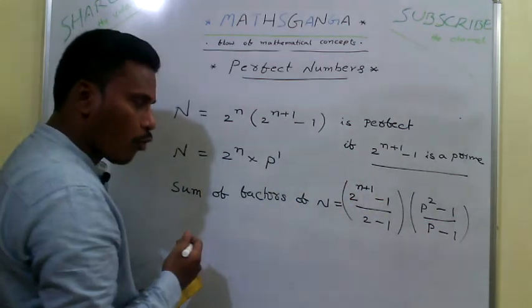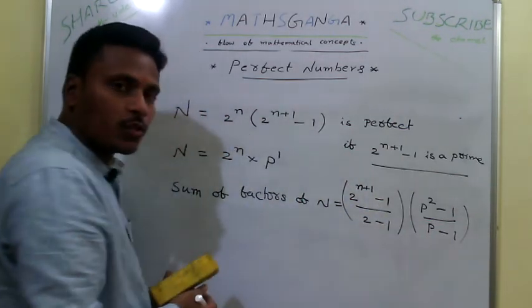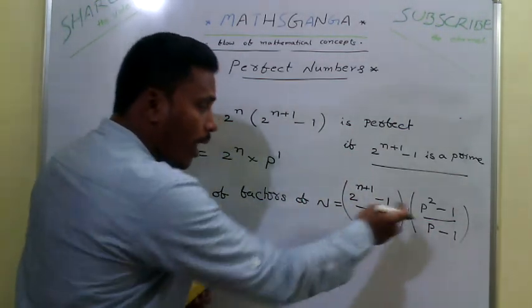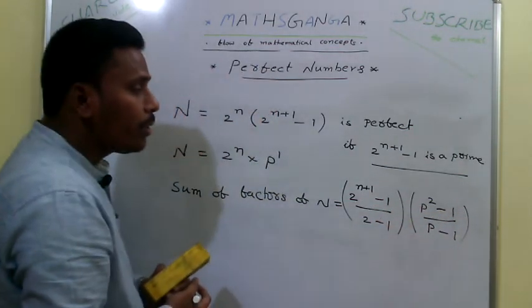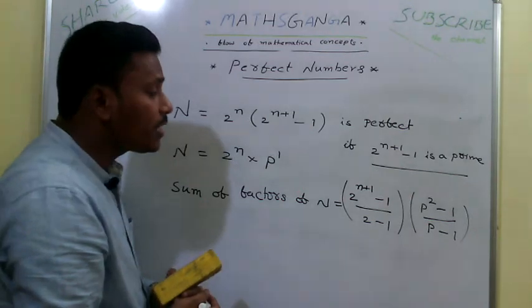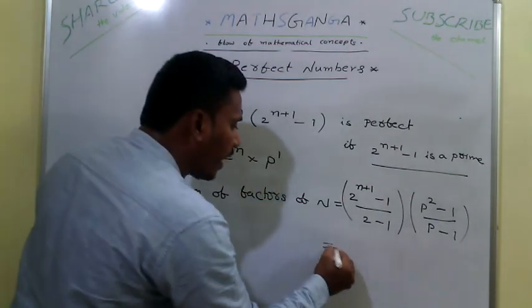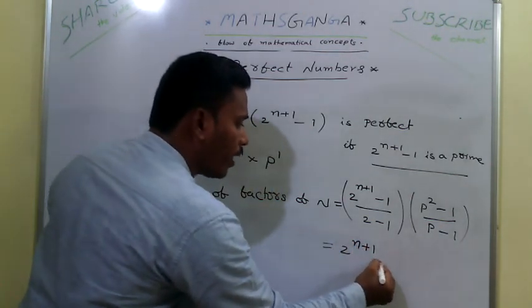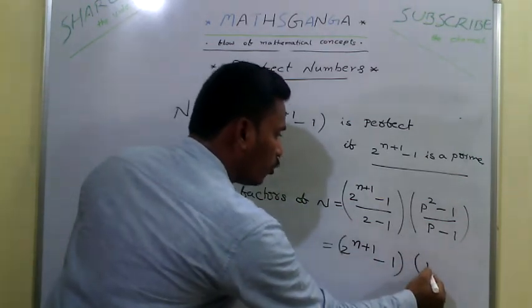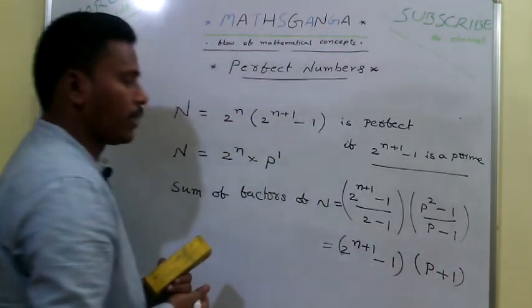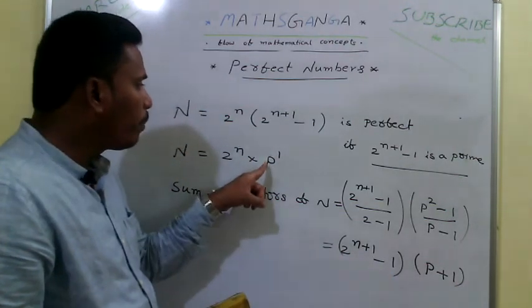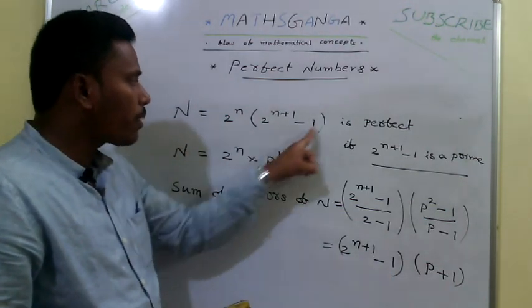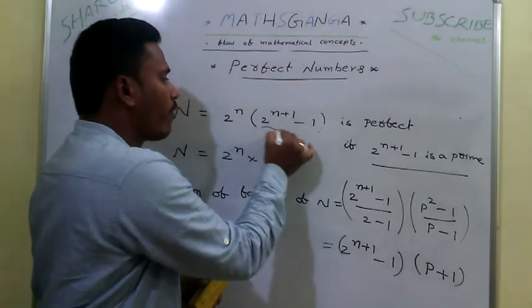If you simplify that product, 2 minus 1 is 1, so the denominator is 1. Coming to the second term, p^2 minus 1 by p minus 1 is p plus 1. So it becomes (2^(n+1) minus 1) into (p plus 1). Now this 2^(n+1) minus 1 is nothing but p, from where we started.